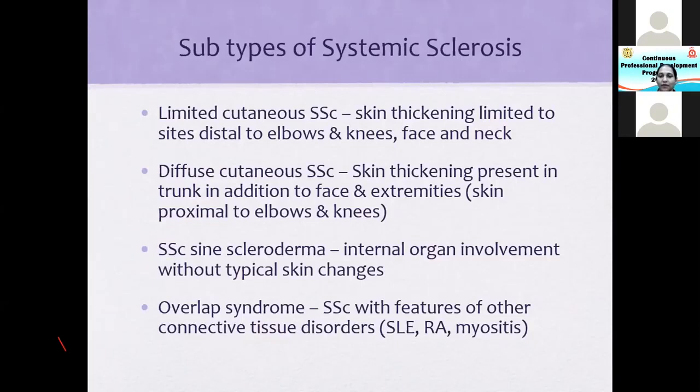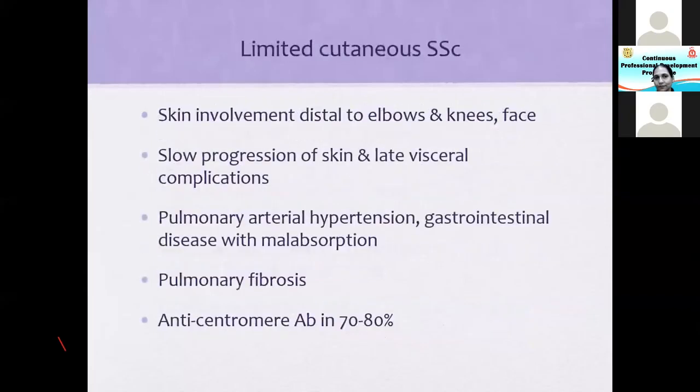At the same time, we have to be aware that there could be overlap syndromes where systemic sclerosis can coexist with other connective tissue disorders like SLE, rheumatoid arthritis, or myositis.